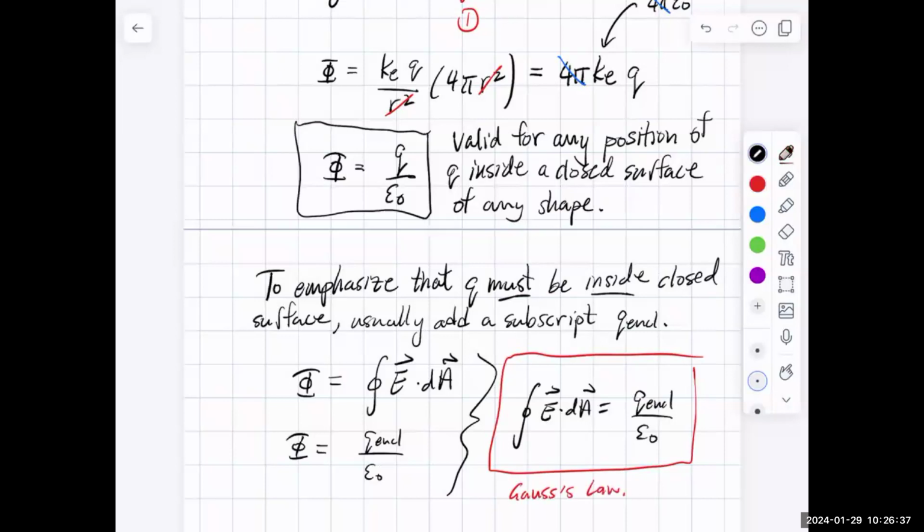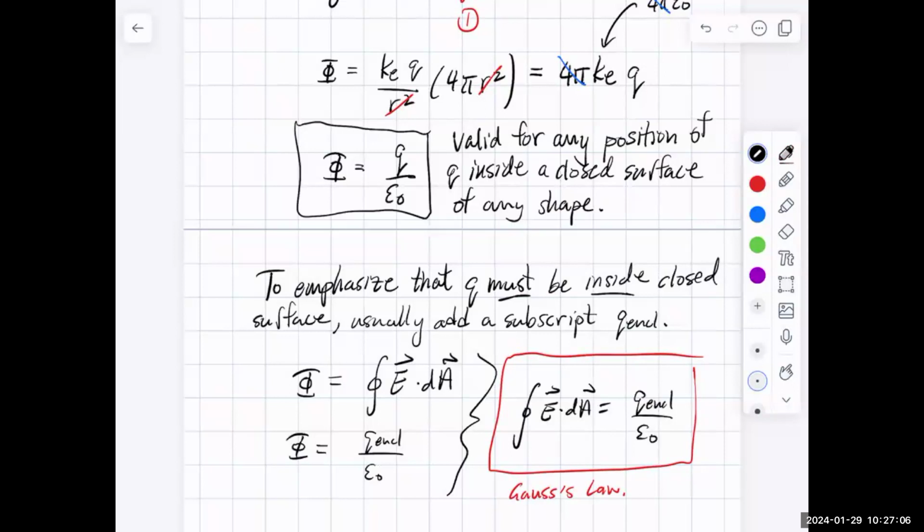All right. So what I want to do is I want to just present a few different scenarios, and I just want us to figure out what the flux is without doing any complicated calculations. Before we do this, let's just think about this for a second. We did this for a point charge, but not all charged objects are point charges.